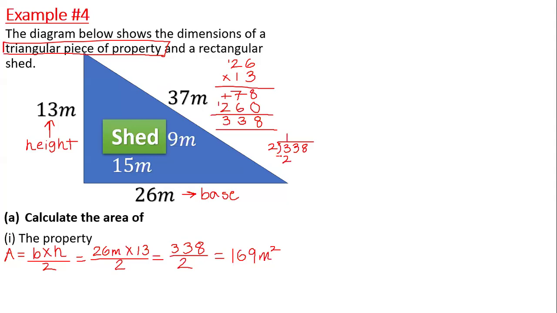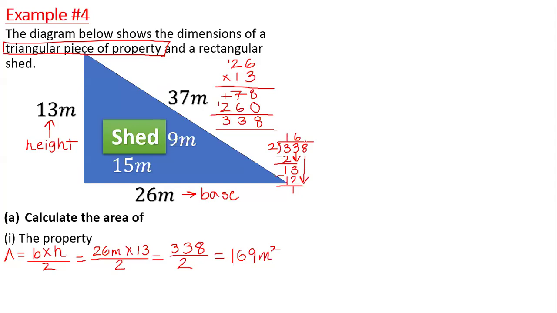That's going to be 2 times 1, which is 2. 3 minus 2 is 1. We bring down the 3. How many times does 2 go into 13? 6 times. 2 times 6 is 12. 13 minus 12 is 1. Bring down the 8.